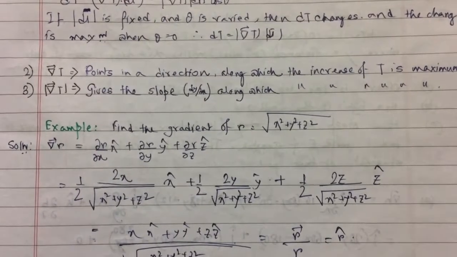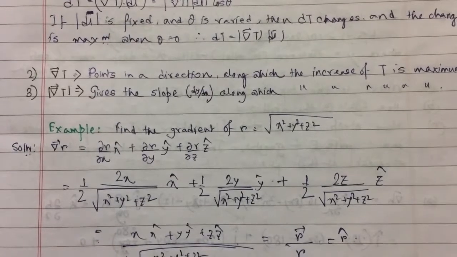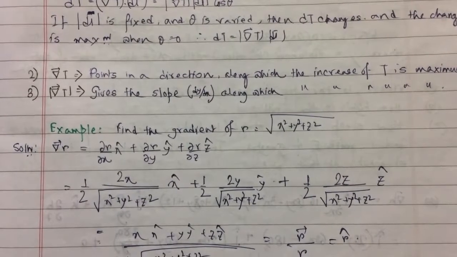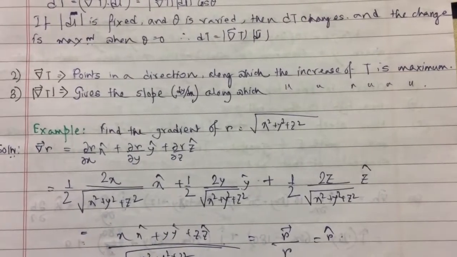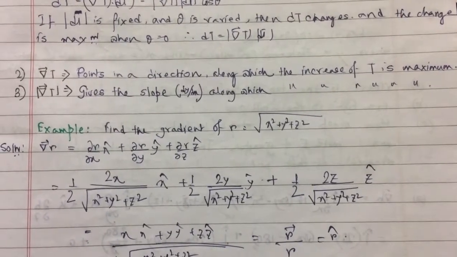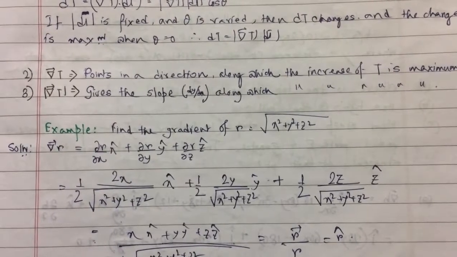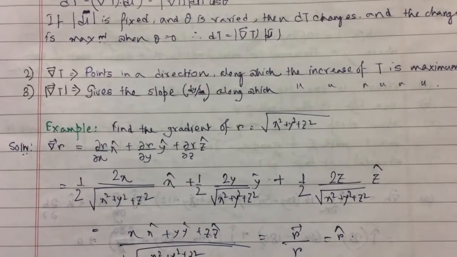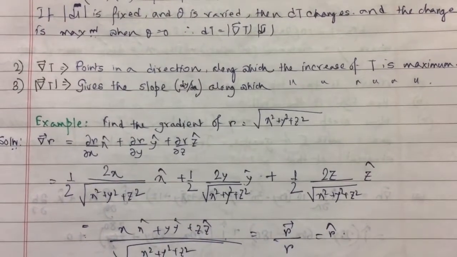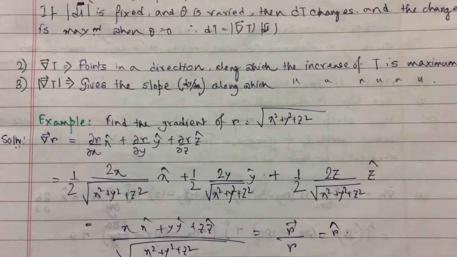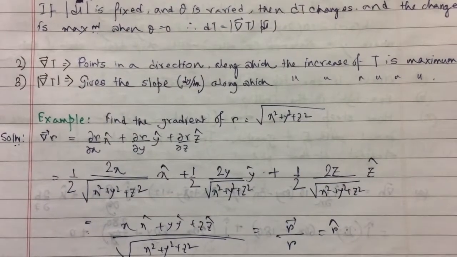Now measure the slope in that direction. That is the magnitude of the gradient. That means if you can find out the direction of the steepest ascent, that is the direction of the gradient. এবার তুমি ওই পার্টিকুলার ডিরেকশনে অ্যাঙ্গেলটা মেজার করো, থিটাটাকে মেজার করো. দ্যাট উইল গিভ ইউ দ্য ম্যাগনিটিউড অফ দ্য গ্রেডিয়েন্ট.